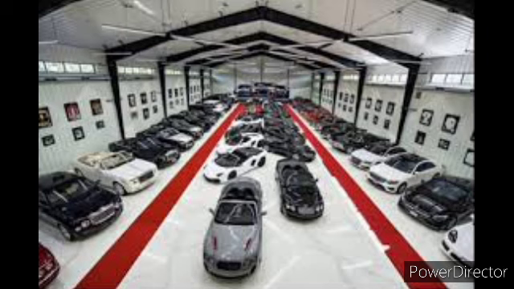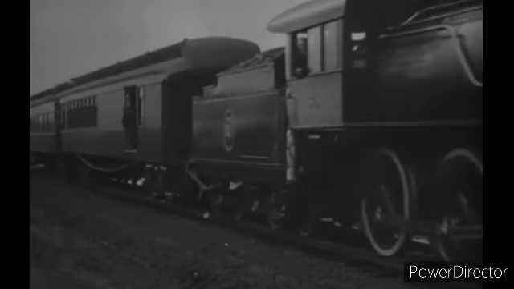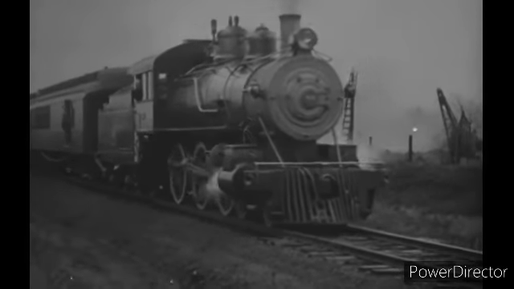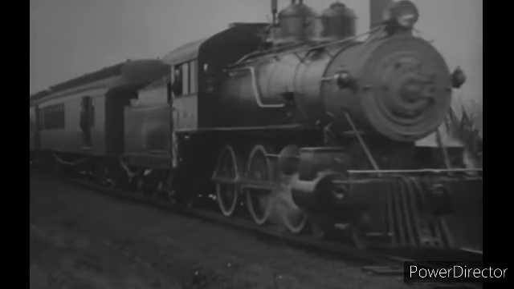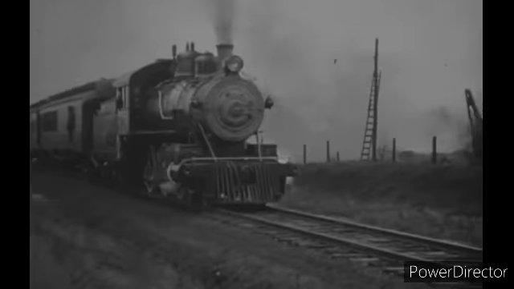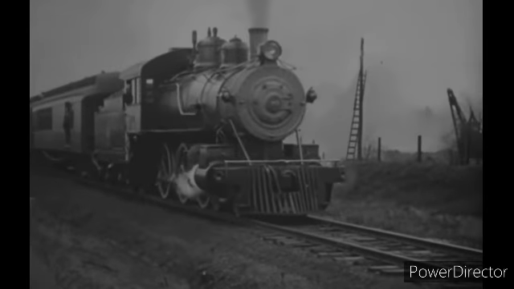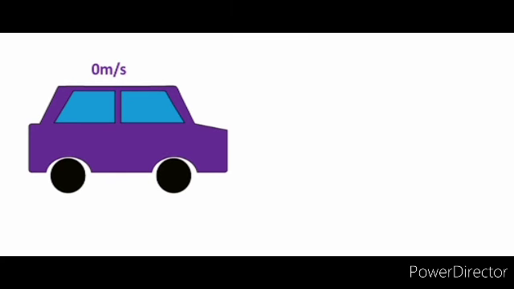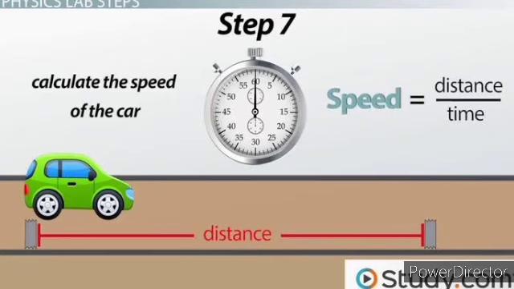Students, different objects may take different amounts of time to cover a given distance. Some objects move fast and some objects move slowly. This is called the rate of movement of an object. The rate at which objects move can be different. Different objects can move at the same rate.